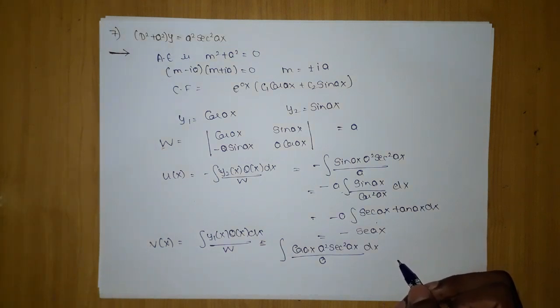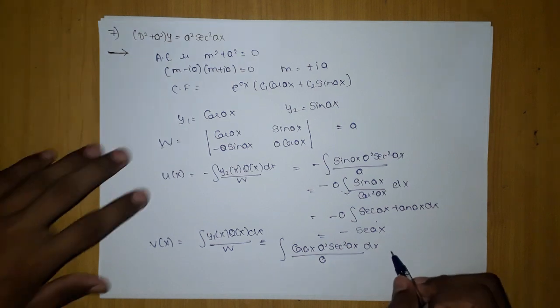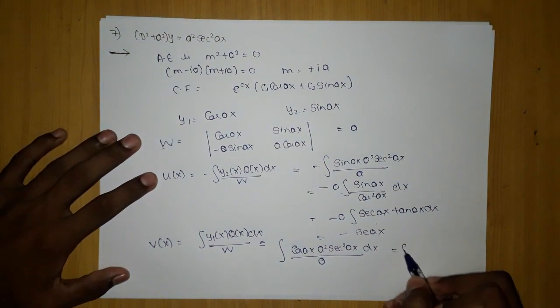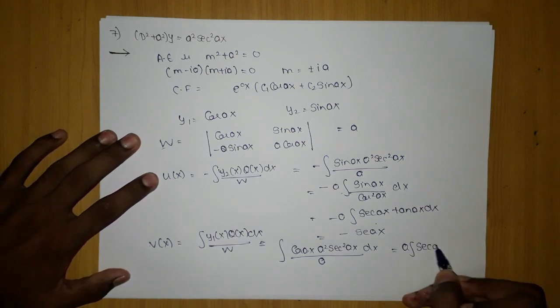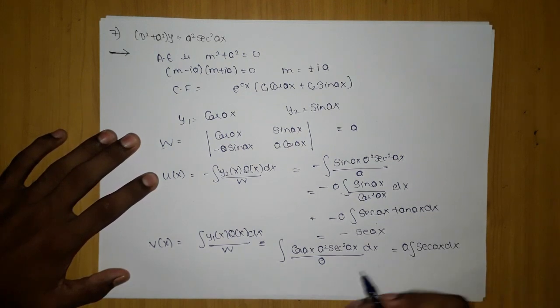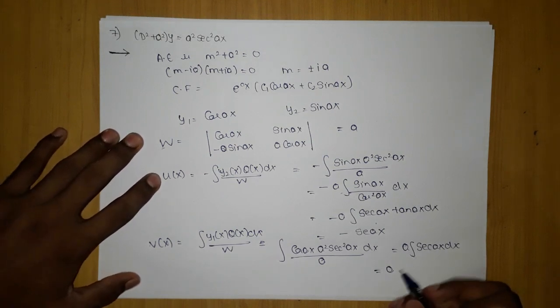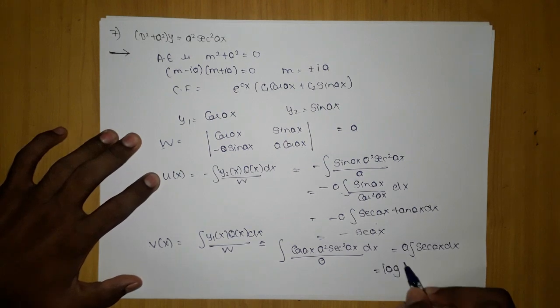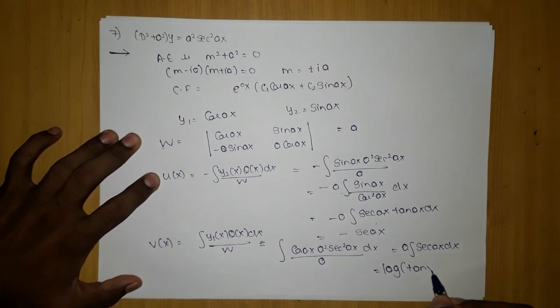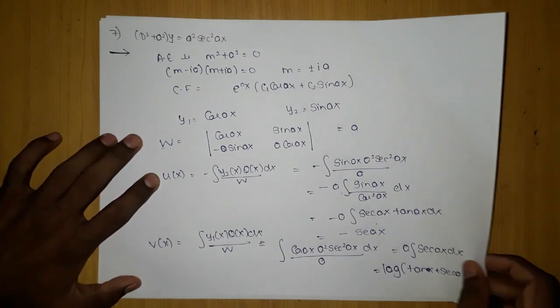So what we get in this case is a outside, integration of sec ax into dx. Its integration will be 1 by a log of sec ax plus tan ax. So 1 by a will cancel out, and we get the final answer log of tan ax plus sec ax. So this is our answer.